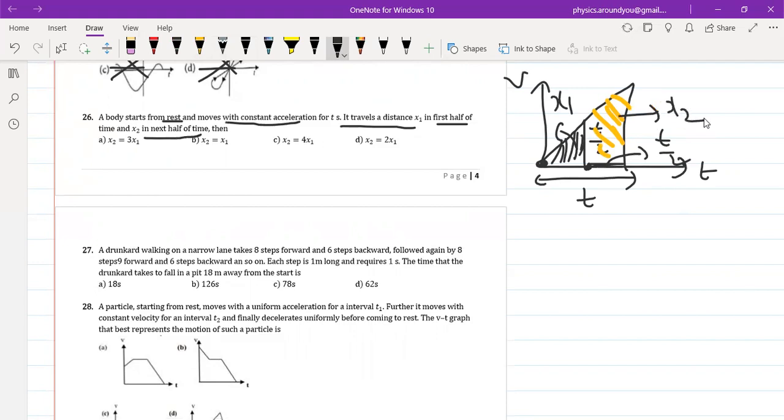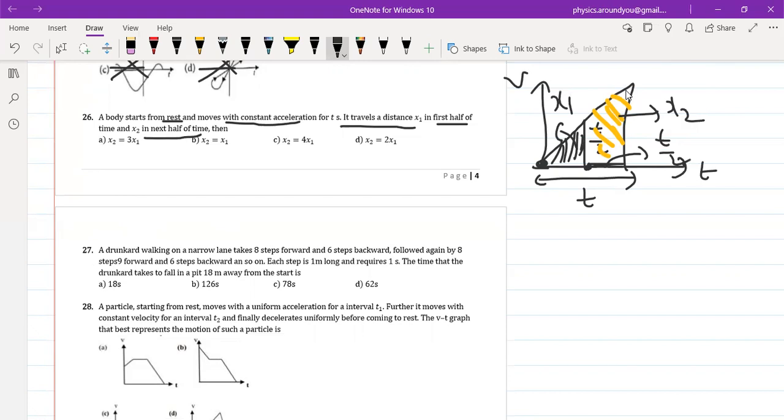Areas, right? So let us first find the total area. What should be the total area of this? The total area is half into base into height. That's the total distance.